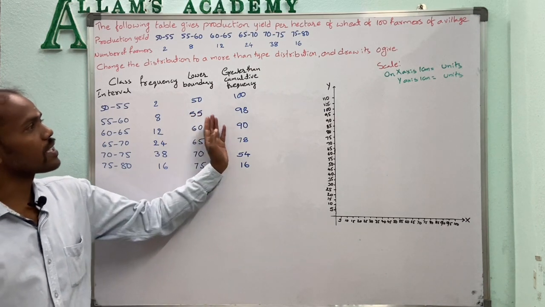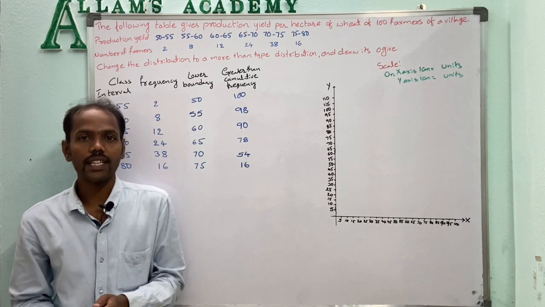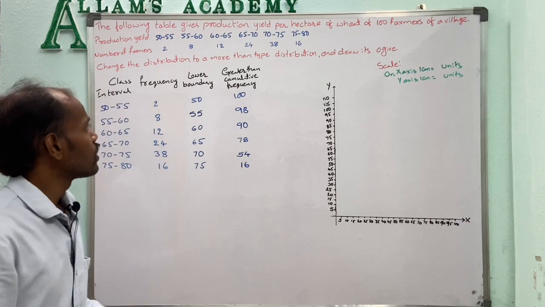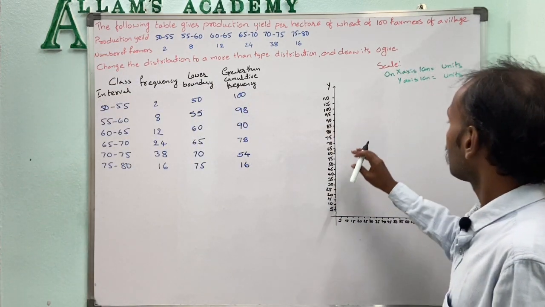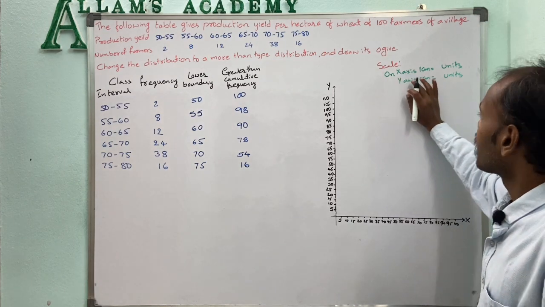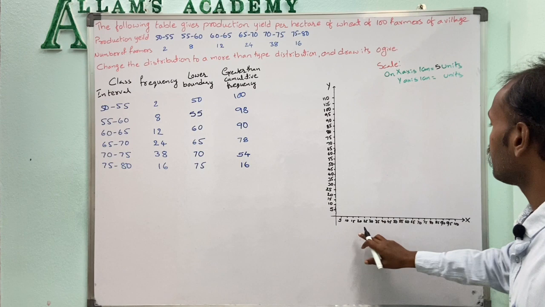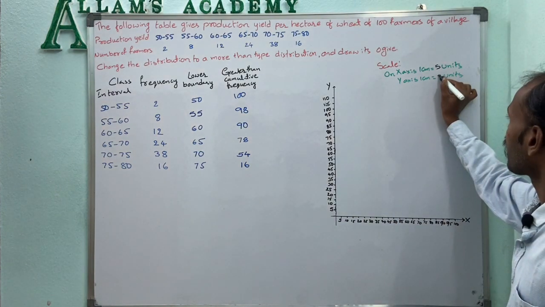By using these, if we plot the points on the graph, we get the More than type Ogive curve. For this purpose, on the graph we take on the x-axis 1 centimeter equal to 5 units, and on the y-axis also 1 centimeter equal to 5 units.